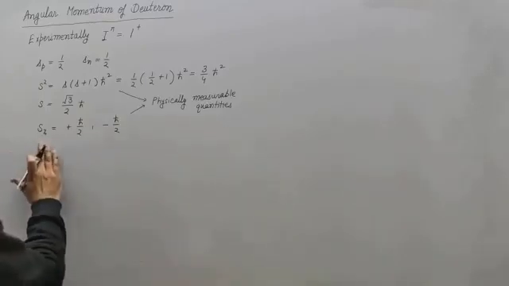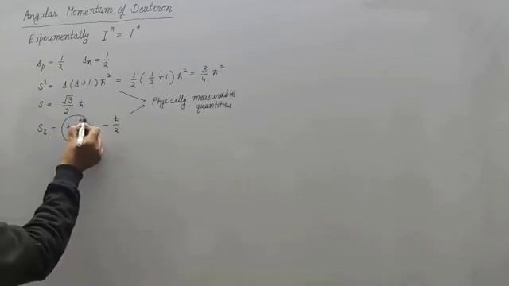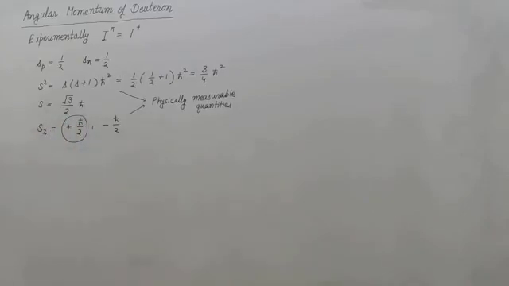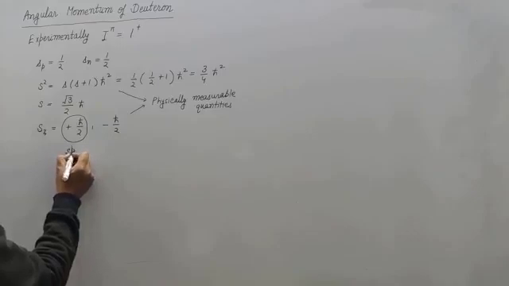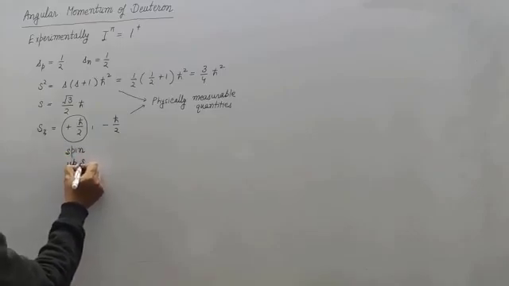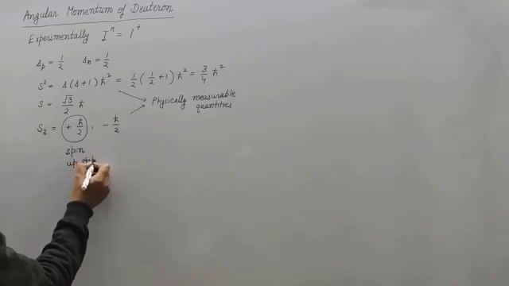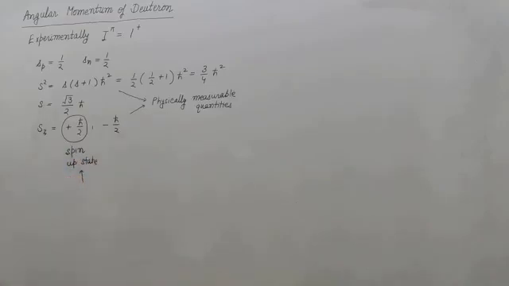So basically there are two states of the spin, and this state is known as spin up state. This is represented by this vector in the upward direction.